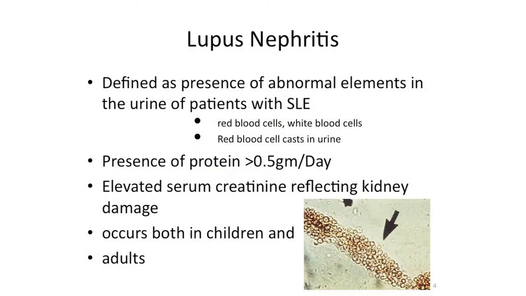Normally, when we all pee, there are usually no red blood cells, which mark the presence of blood in the urine. But in a patient with lupus nephritis, you start seeing blood in the urine. We find out because when we take the urine specimen and look at it under the microscope, we see red blood cells.